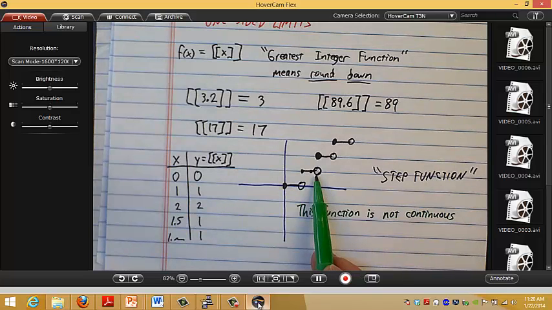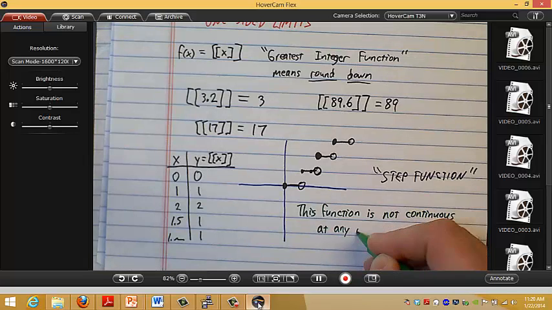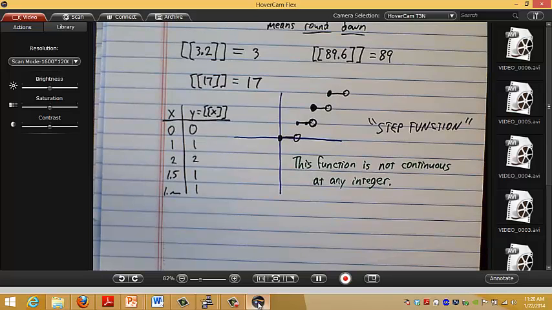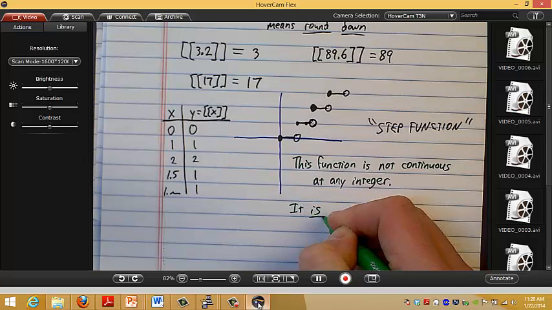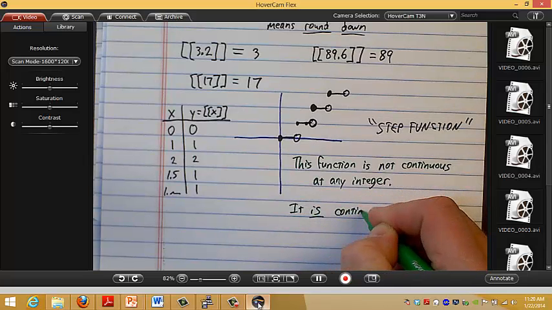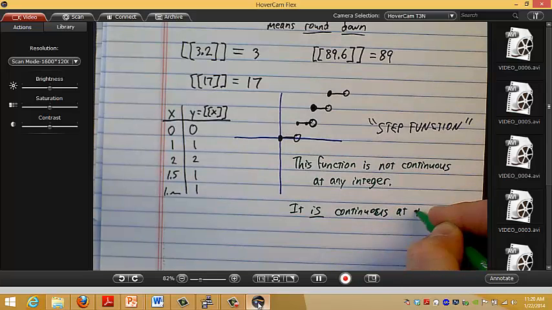Well, like at 2, we just saw that, right? At any integer. Okay? It's not continuous at any integer. It is continuous at the other points.